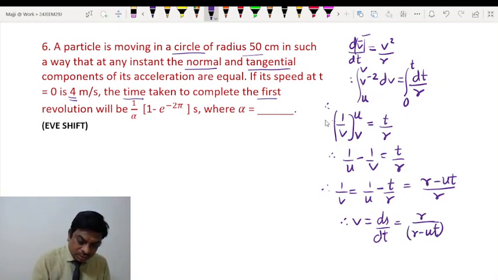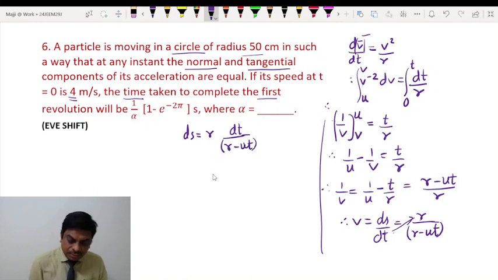Okay, students. Then, so this is again a variable separable differential equation. Taking dt to the other side, you have ds is equal to r into dt upon r minus ut. Okay, this is a variable separable. I have separated the variables. Now we have to integrate.